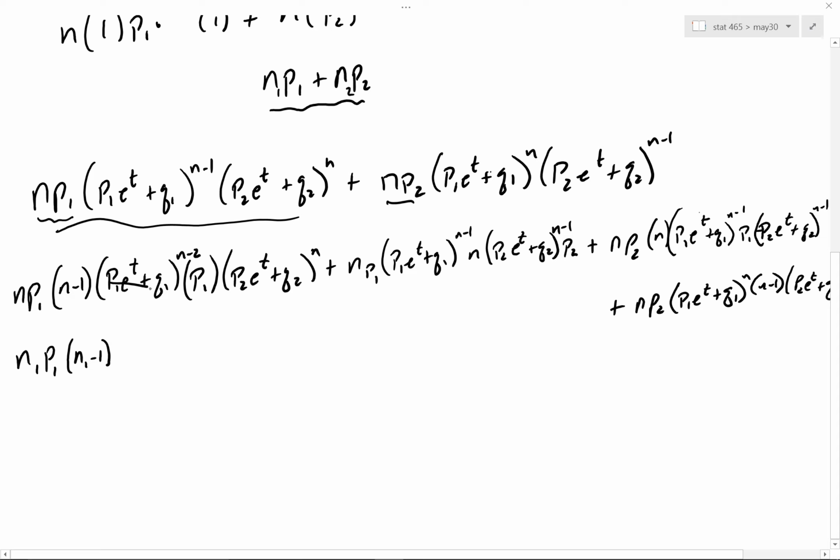This is going to cancel out to 1. This is also going to cancel out to 1. And they're getting the p1 floating around, so it's going to be that guy. Okay? Plus, here, this is n1 p1. This is 1.